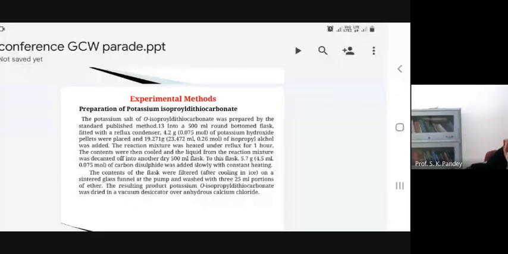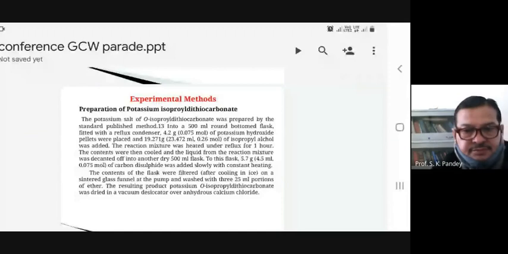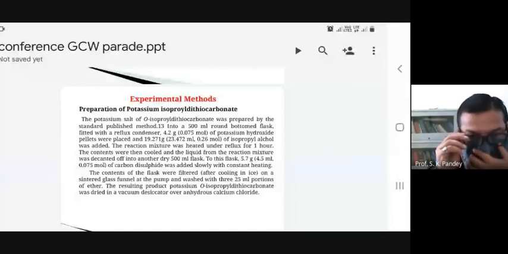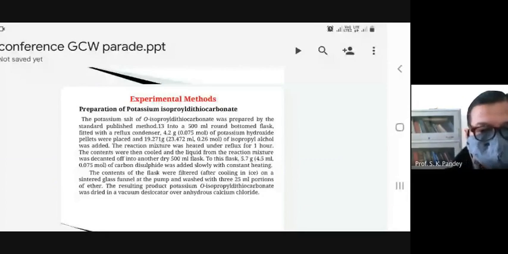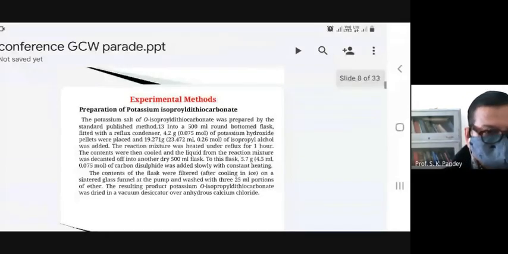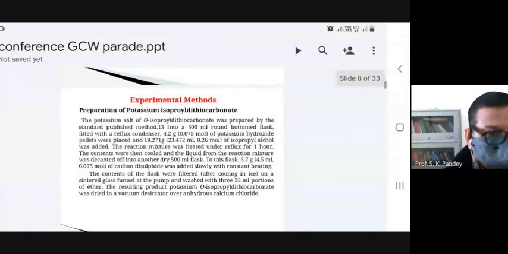The potassium salt of isopropyl xanthate is prepared by the standard method in which we take 4.2 gram of potassium hydroxide in a round bottom flask, and we add about 0.26 moles of isopropyl alcohol.